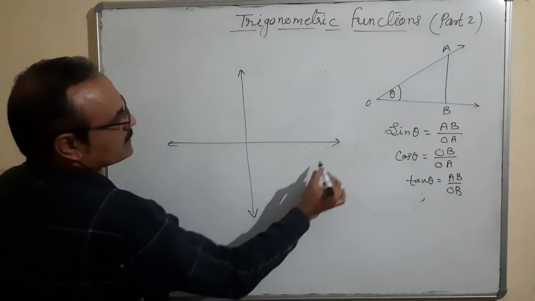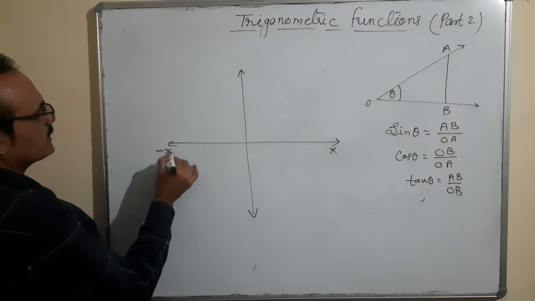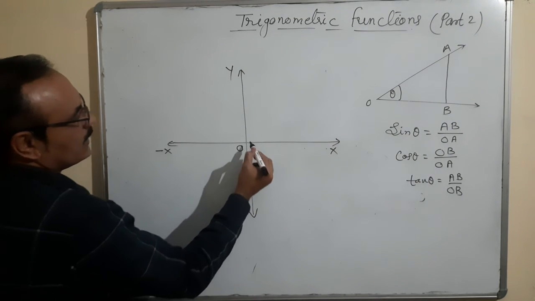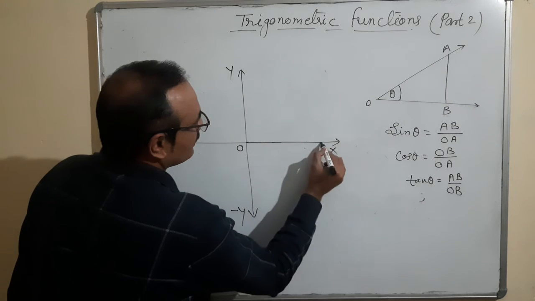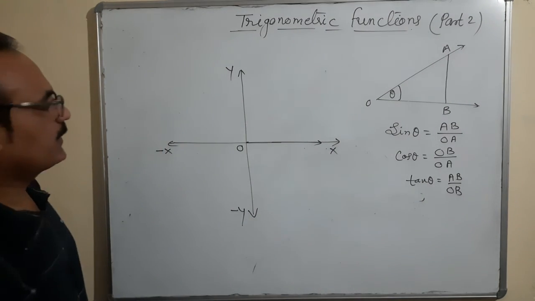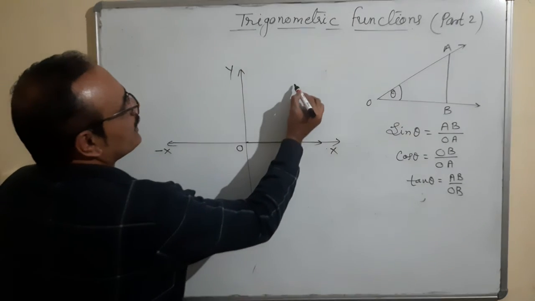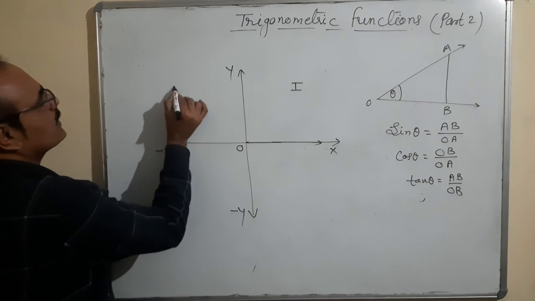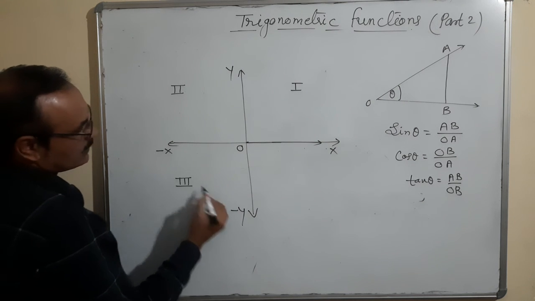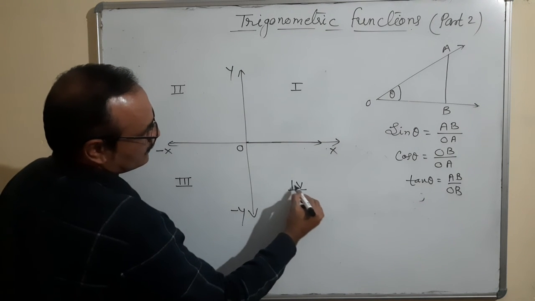This is x, minus x, y, minus y, and 0. This is the initial ray, and the second is a rotating ray which rotates everywhere. This is quadrant number 1, here is quadrant number 2, quadrant number 3, quadrant number 4.